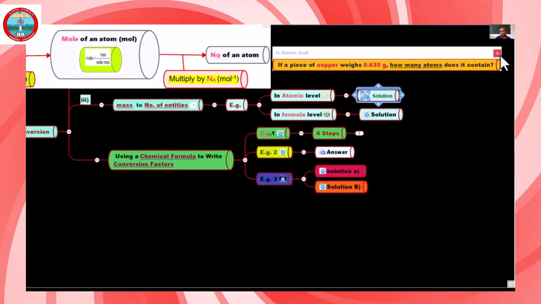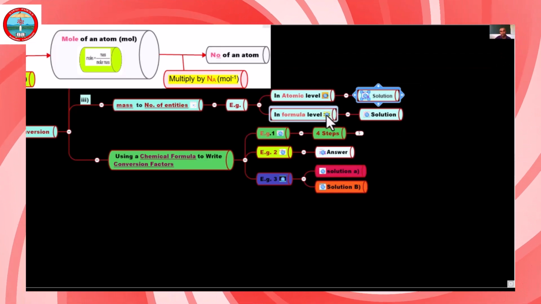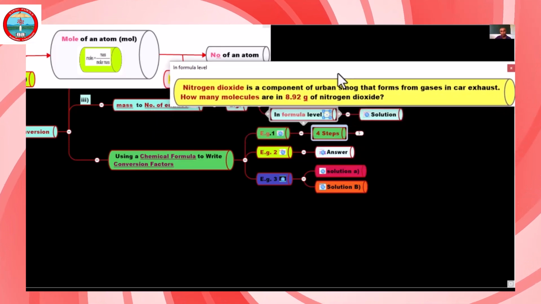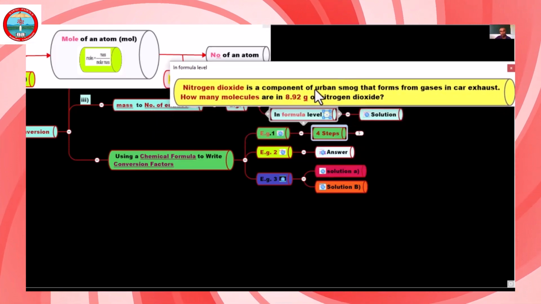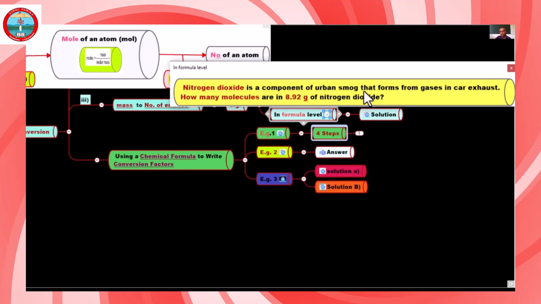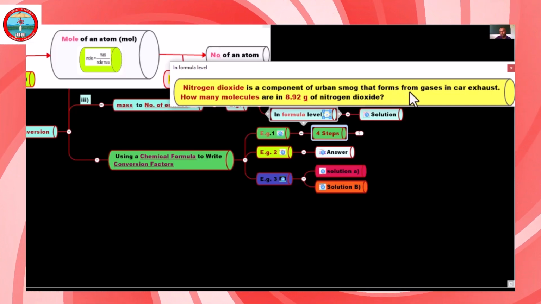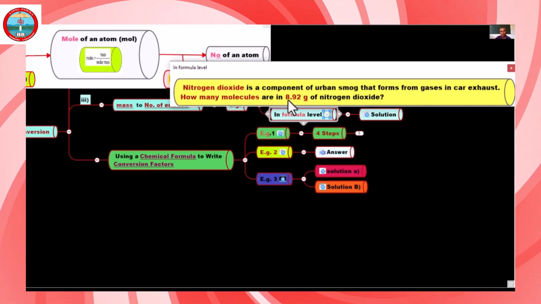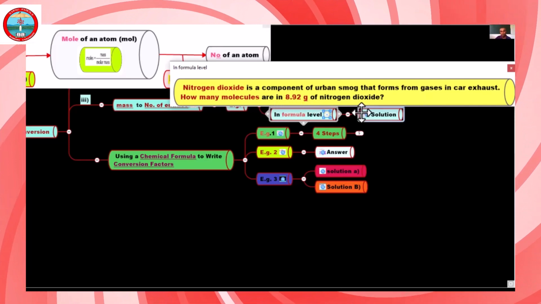And another example is in terms of the formula level. It says that nitrogen dioxide is a component of the urban smoke that forms from gases in car exhaust. How many molecules are present in this amount, in grams, of nitrogen dioxide?